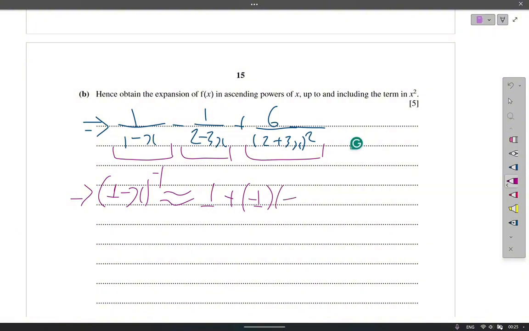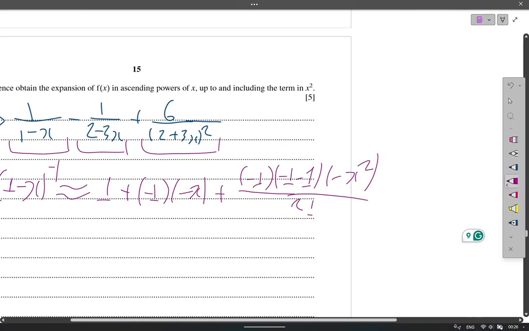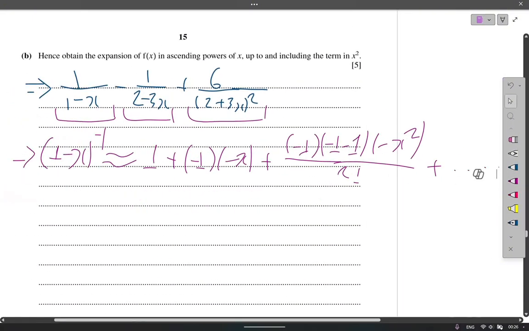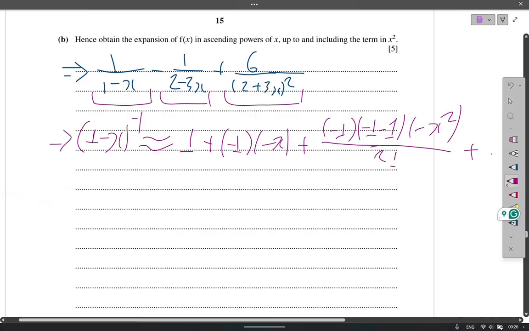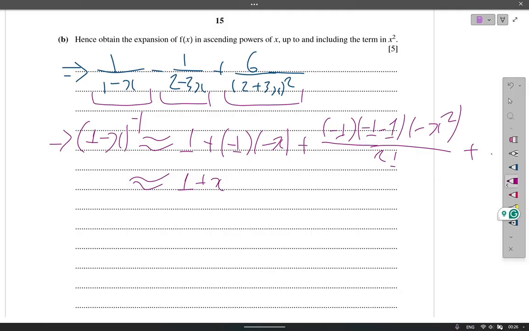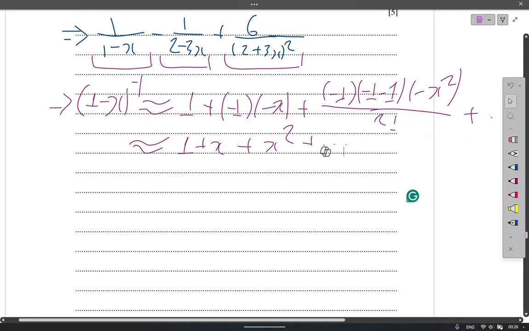Sorry, it's minus x. 1 minus 1 minus 1 minus 1 is x squared over 2 factorial and so on. And this means it's just 1 plus x plus x squared and so on.